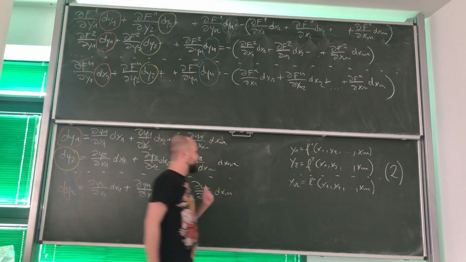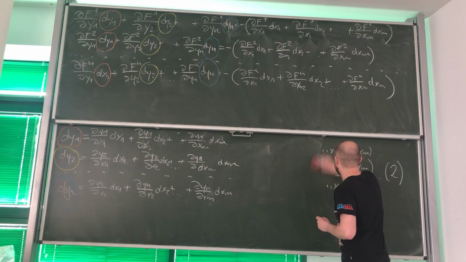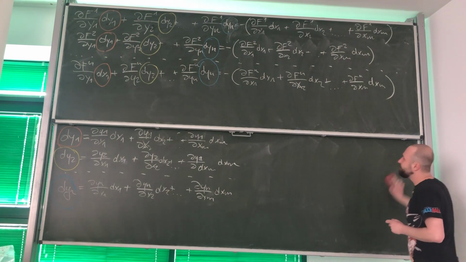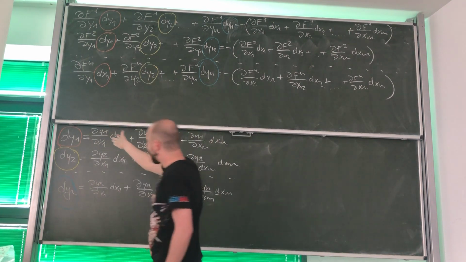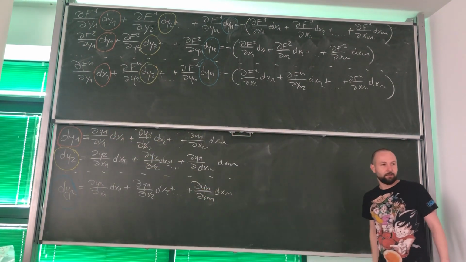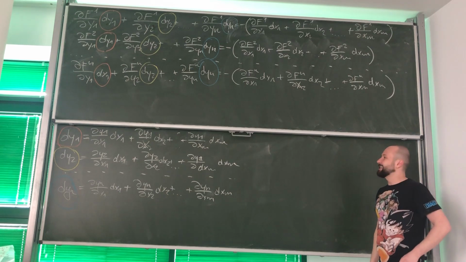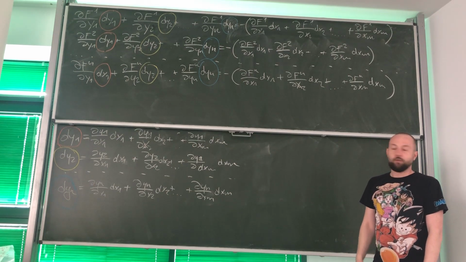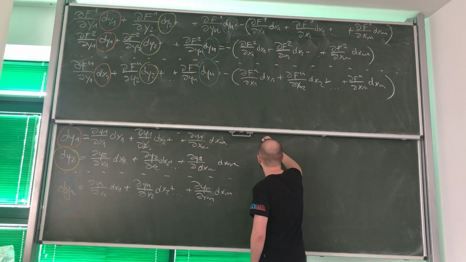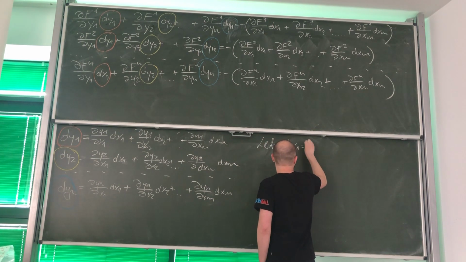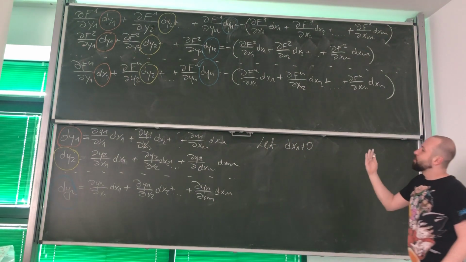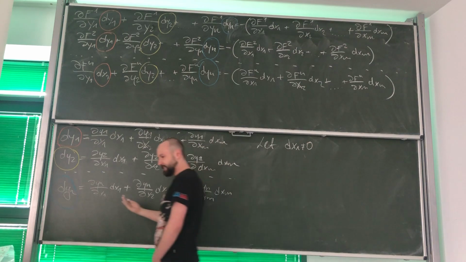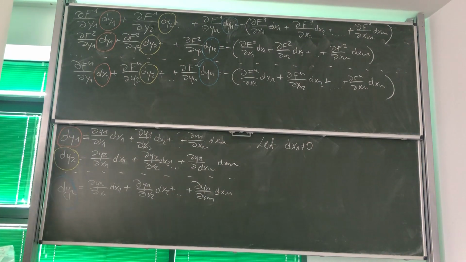So let's just say that I want to know what happens to variables y1 to yn when x1 is changing. What can I assume? Let's say that dx1 is different than 0, which for us means x1 is changing, is increasing by some very, very small amount.